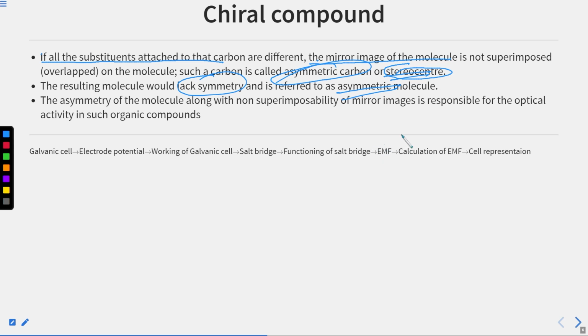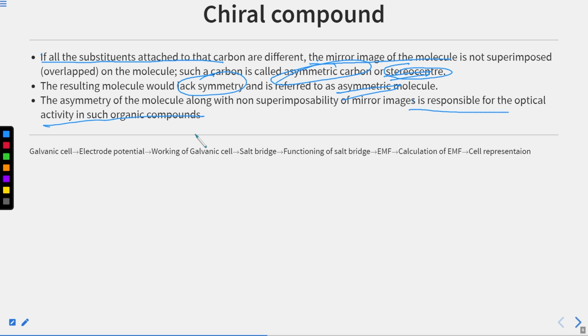So what is this? If a compound has a carbon that has 4 different groups, such that the mirror image is not superimposable on the original, then we term the carbon an asymmetric carbon, and that molecule an asymmetric molecule. Now the asymmetry of the molecule along with the non-superimposability of the mirror image is responsible for the optical activity in such organic compounds.